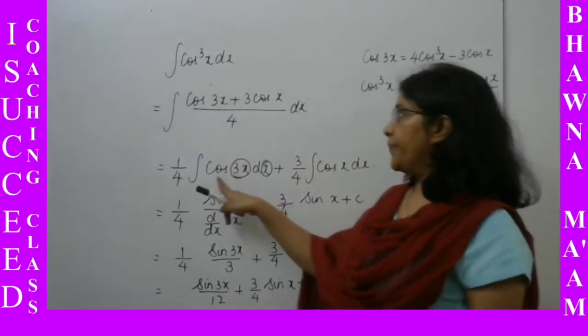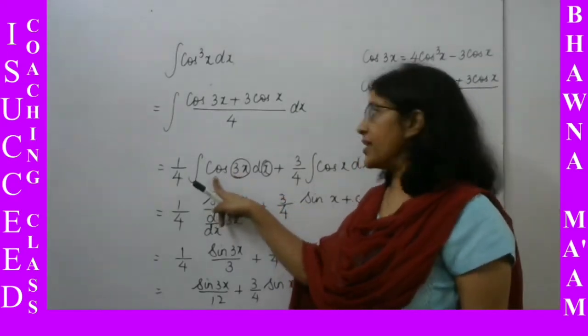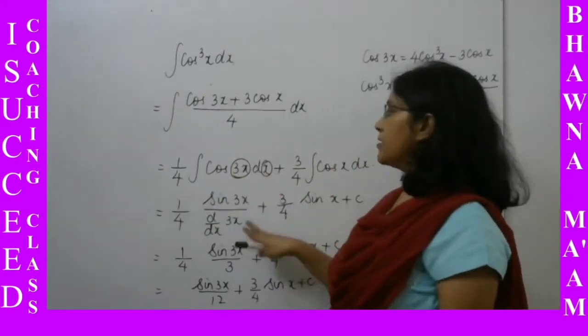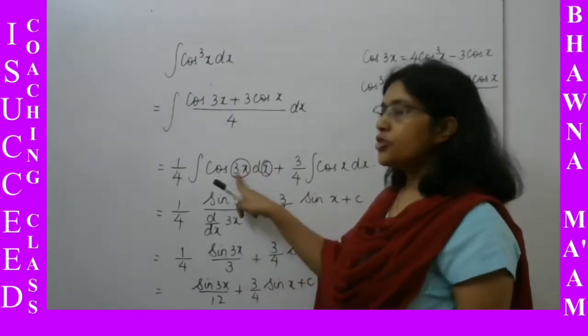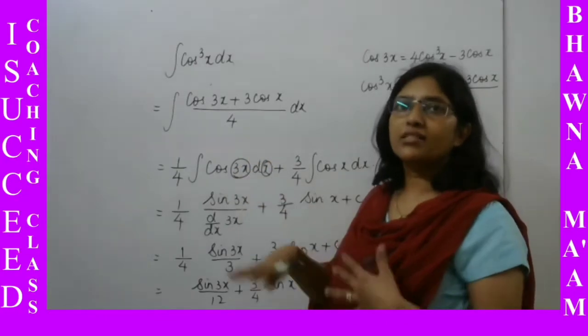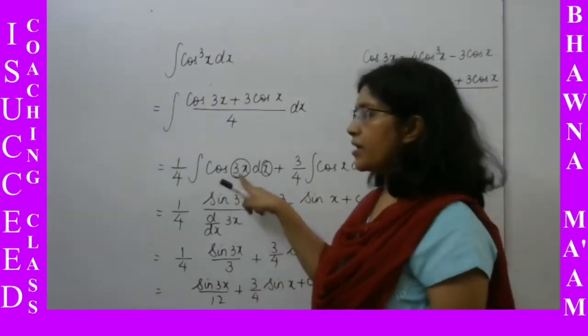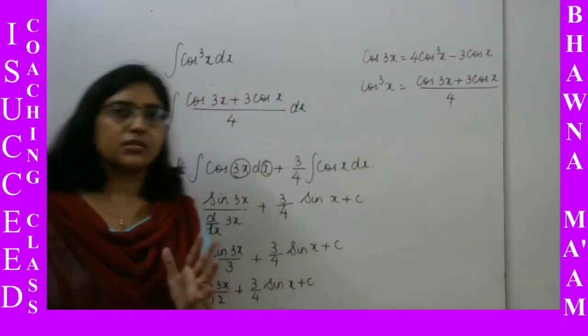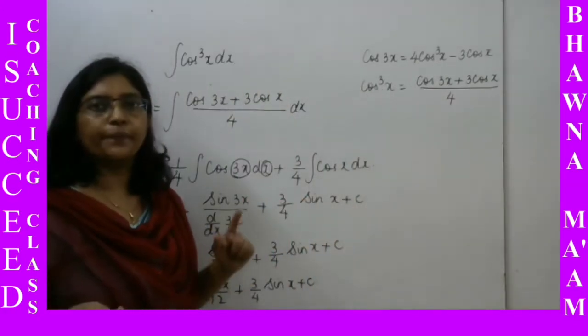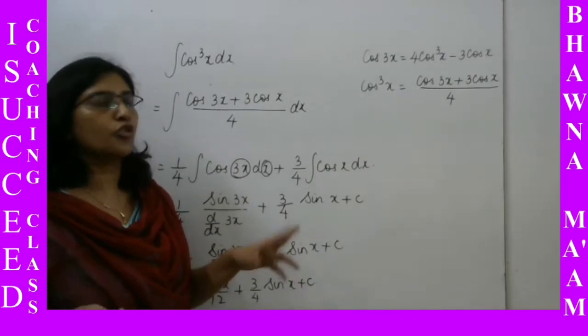Now remember that integration of cos x or cos 3x is positive sin, whatever the angle, and integration of sin x or sin 3x, whatever the angle, is negative cos. So that is one more difference between integration and derivative of cos and sin.